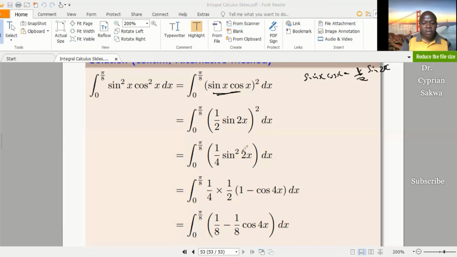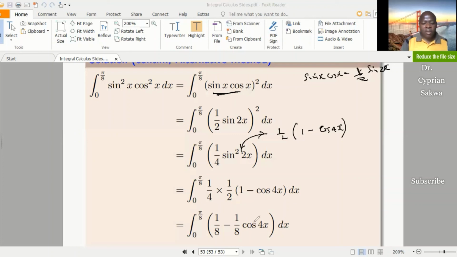And of course, since it is squared, this one should be replaced with a half into 1 minus cos 4x. So a quarter is here, then times this. That gives you 1 over 8 minus 1 over 8 cos 4x.